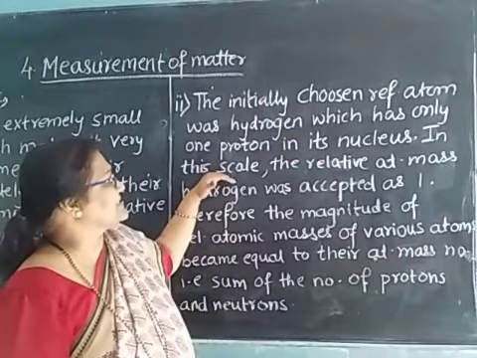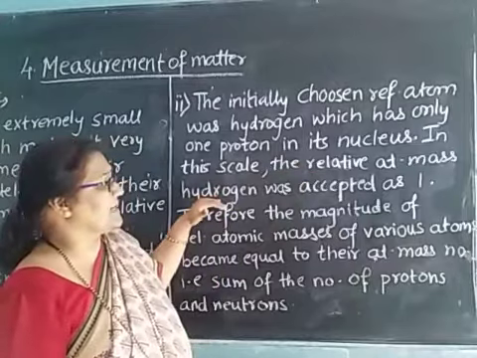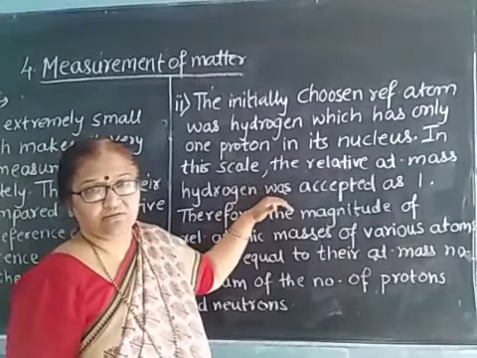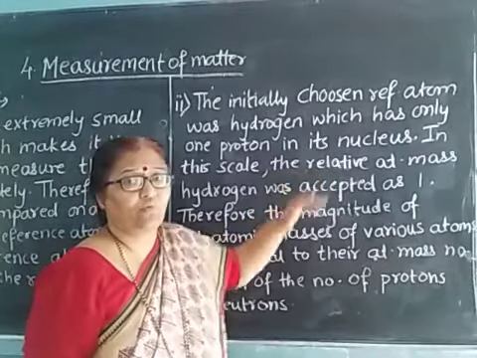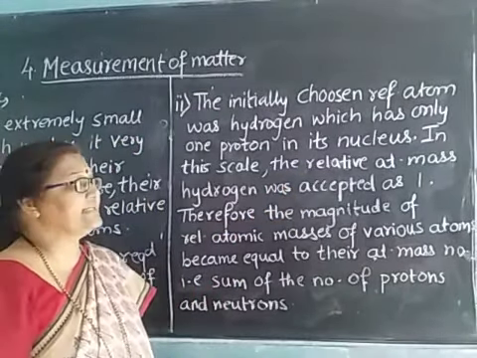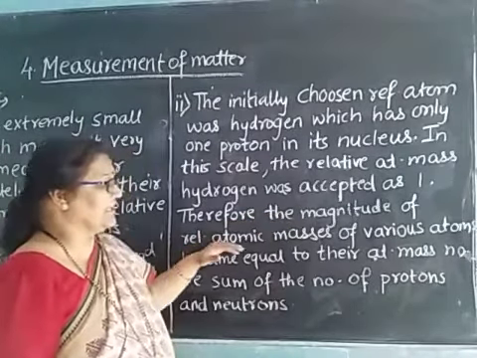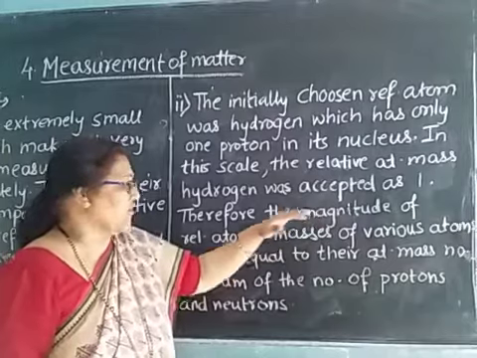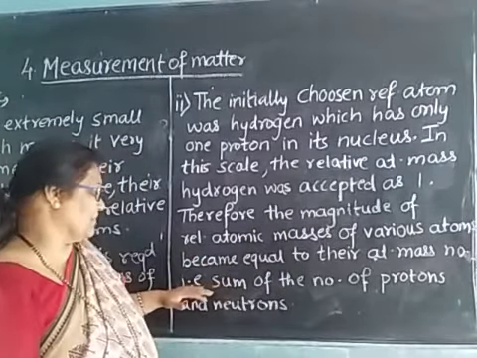In this case, the relative atomic mass of hydrogen was taken as 1. That means here the relative mass of hydrogen is 1. Therefore, the magnitude of the relative atomic mass of various atoms becomes equal to the atomic mass number.